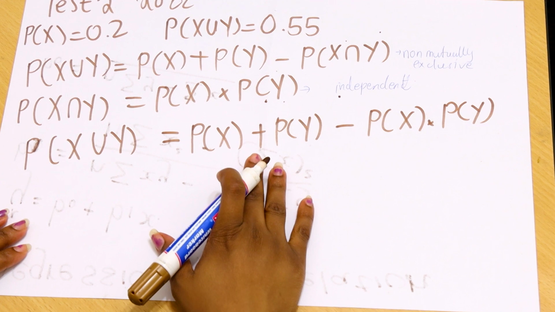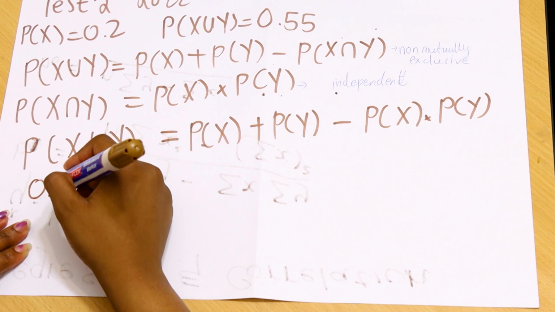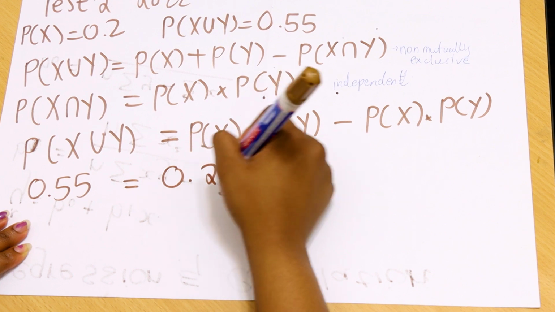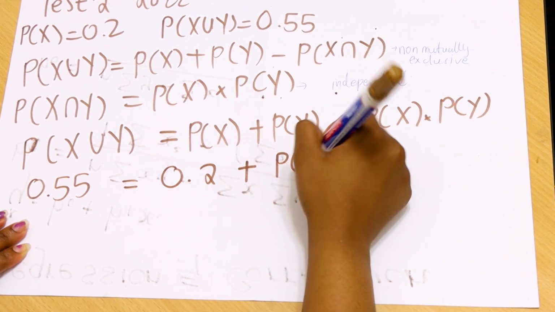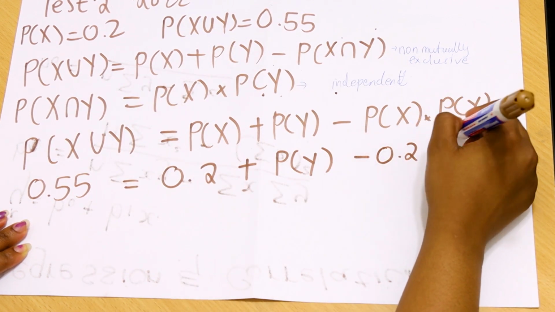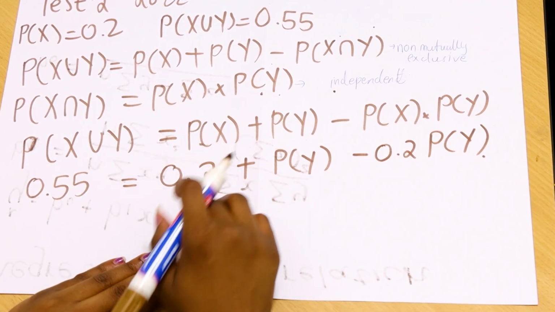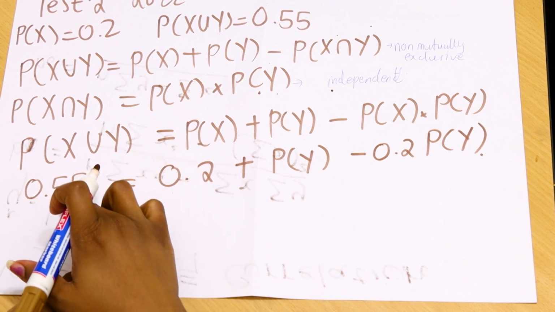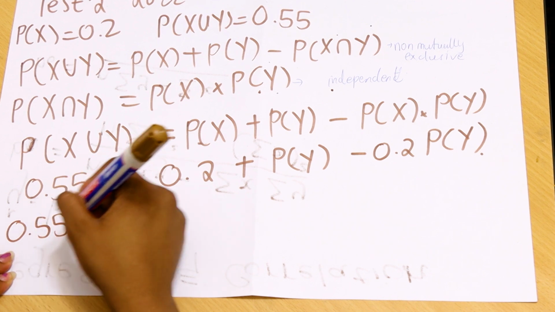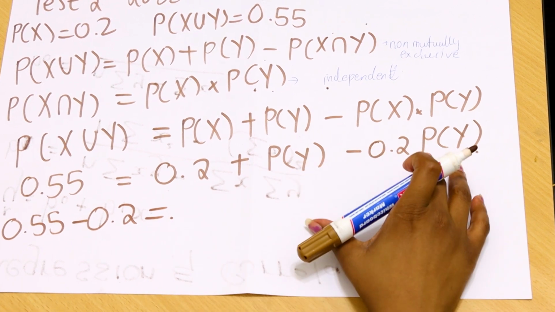Now let's substitute the values that they've given us. The probability of X union Y is 0.55, so it's 0.55. The probability of X is 0.2, so 0.2, plus P(Y), which is the unknown. Minus, again substituting the 0.2 there, 0.2 P(Y). Here you have to transpose the 0.2, which is the constant, right? 0.55 minus 0.2 equals P(Y) minus 0.2 P(Y).